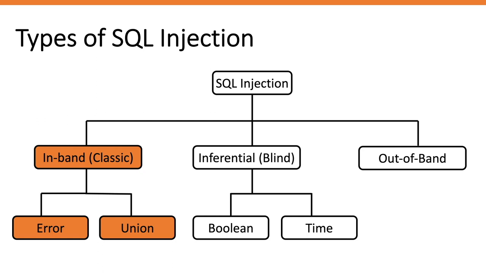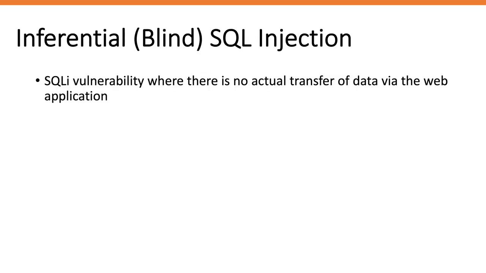Next, let's talk about inferential or blind SQL injection. Inferential or blind SQL injection is a SQL injection vulnerability where there's no actual transfer of data via the web application. Unlike in-band SQL injection, where we directly saw the output displayed for us in the application, in the case of blind SQL injection, the database does not output data to the web page.